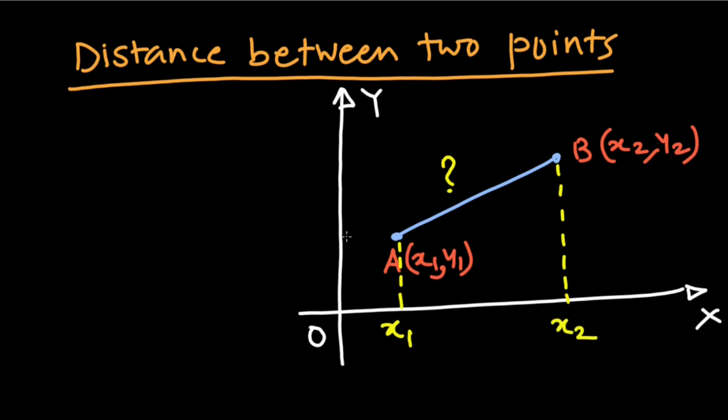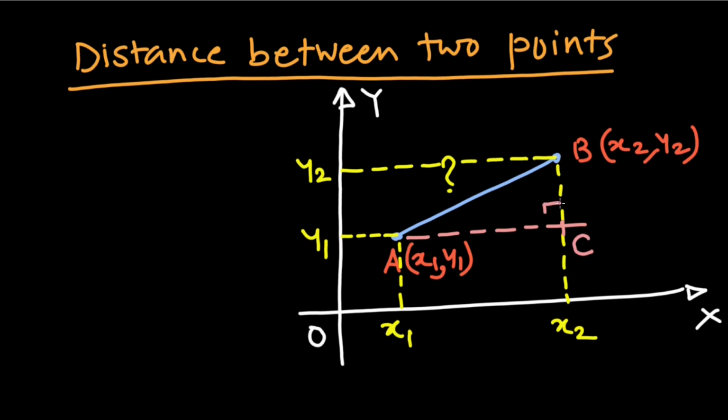Next, draw a perpendicular from point A on the y-axis. It will be y1, and perpendicular from point B on the y-axis will be y2. Extend the perpendicular y1 to cut the perpendicular from B on the x-axis at point C.